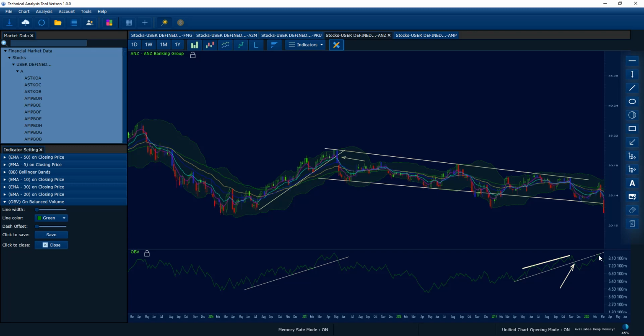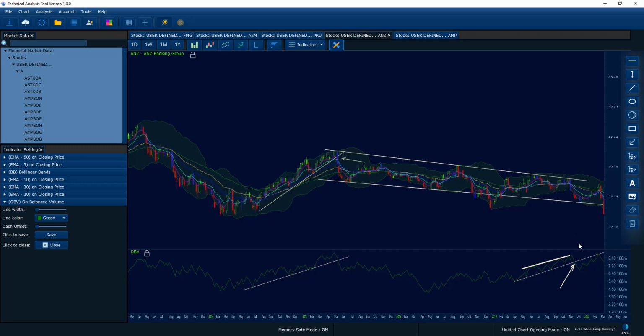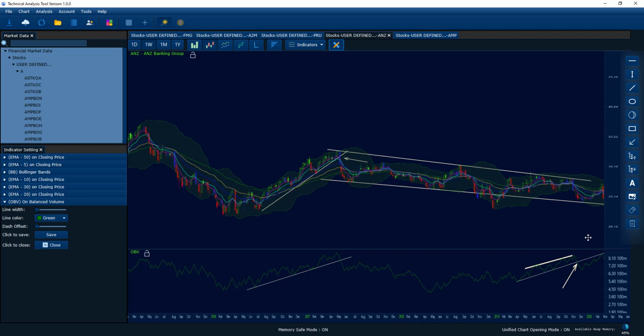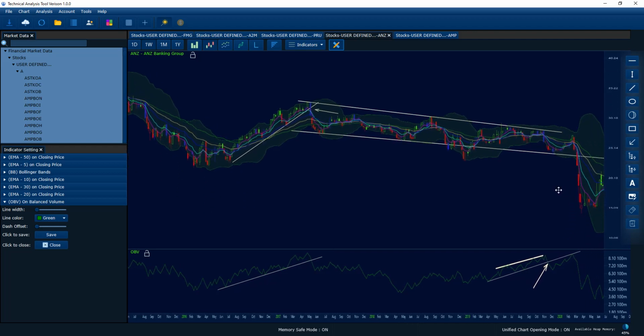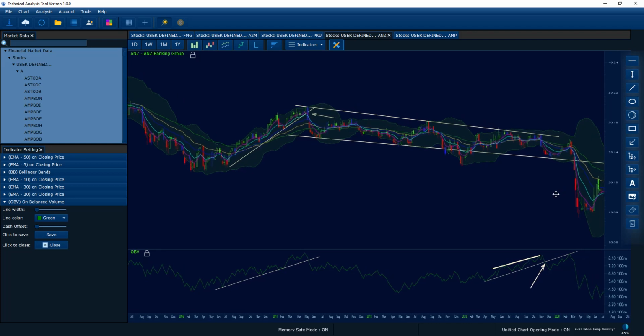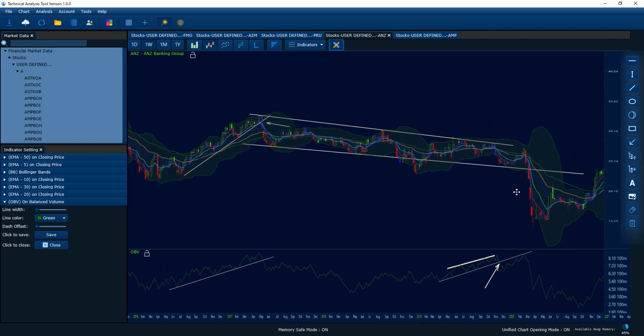Up to here it still doesn't break up. The OBV line actually hit resistance at this trend line. So in the end, we didn't get involved in this trade. Actually, we saved ourselves some loss here, as you can see, with the steep fall outside this range.